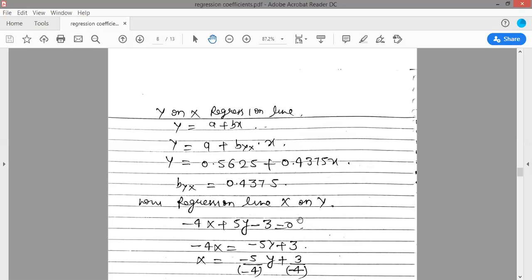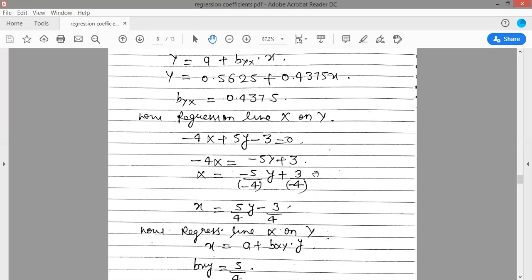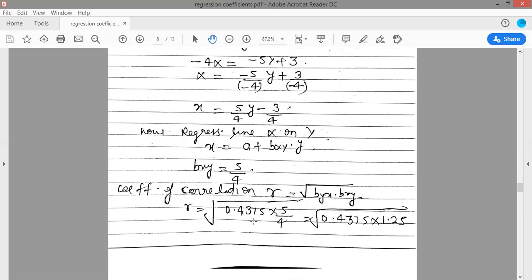Now the regression line x on y. So just write your line in the form x is equal to a plus by. So just compare a plus by. So a is minus 3/4 and b is 5 upon 4. So x is equal to a plus bxy into y. So bxy is equal to 5 upon 4, right?